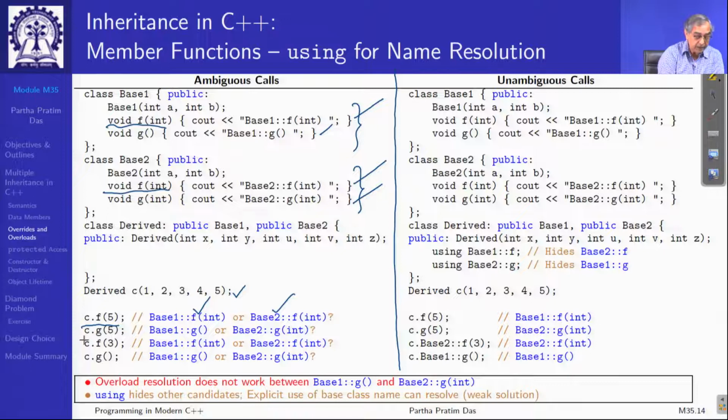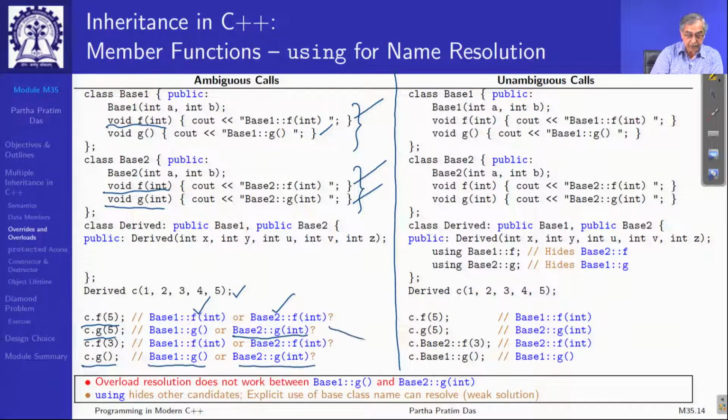Similarly, if I do C.g(5), you would say that because it is 5, I am possibly using this one, but there is some confusion with g as well, because g is also inherited inside the derived class.